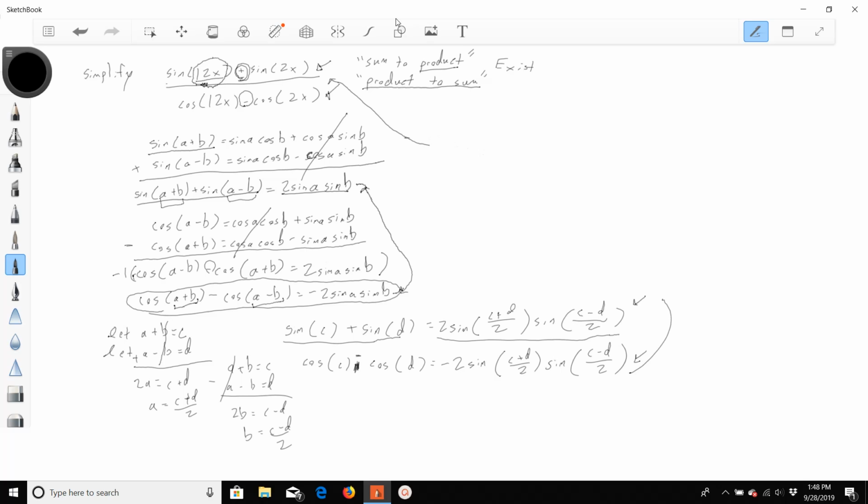So sine of 12x plus sine of 2x becomes, by this first formula I've written down here, 2 sine of, now our c is 12x, our d is 2x, so we're going to get sine of 12x plus 2x over 2, sine 12x minus 2x over 2, over negative 2 sine of 12x plus 2x over 2.